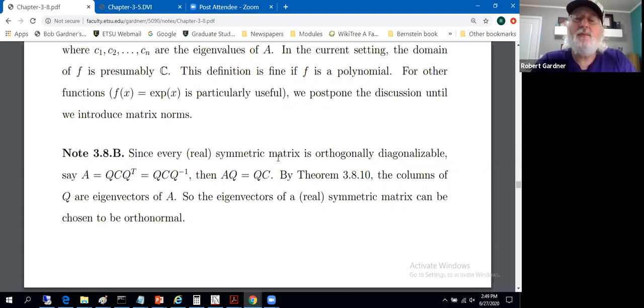So if we have a real symmetric matrix, then we know an orthogonal matrix exists so that we can get to this point.